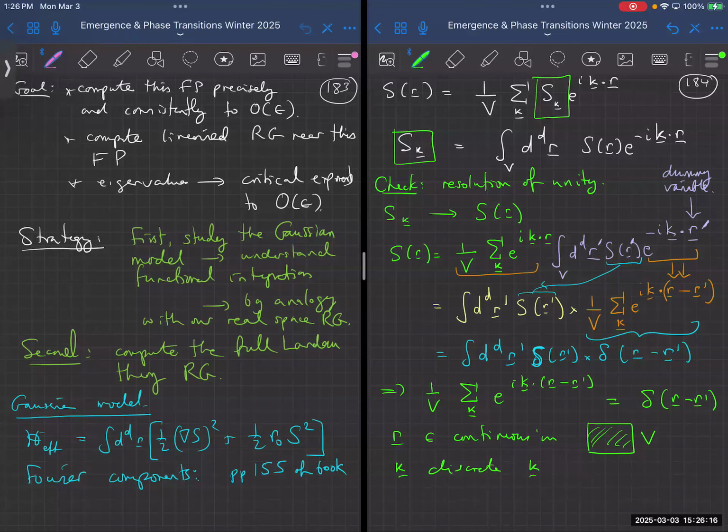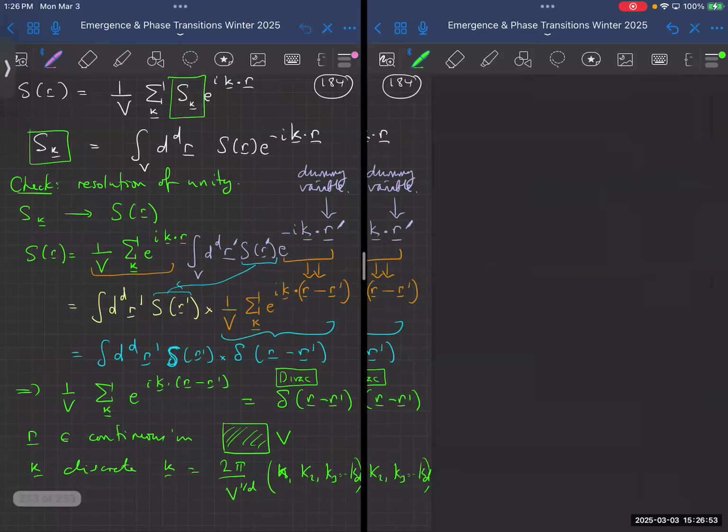So K is like 2 pi over V to the 1 over d, and then k1, k2, k3 up to kd. So the k vectors are quantized. And so when you sum over those quantized ones of that thing, actually you get the Dirac delta function. Okay, so you've seen that before.